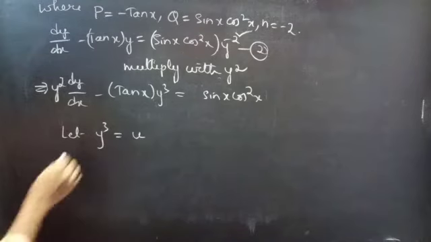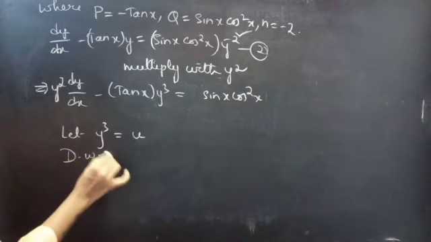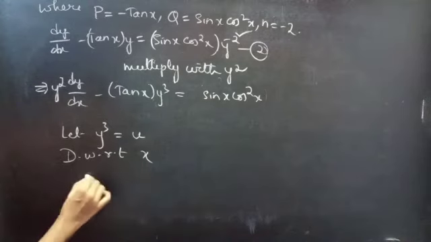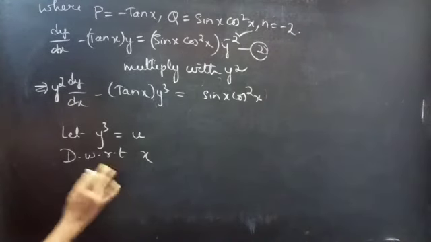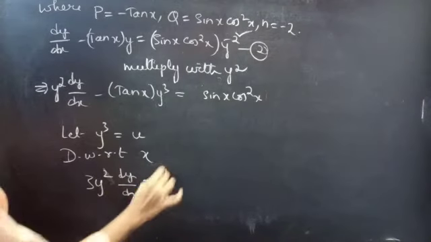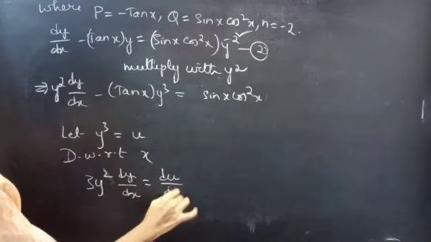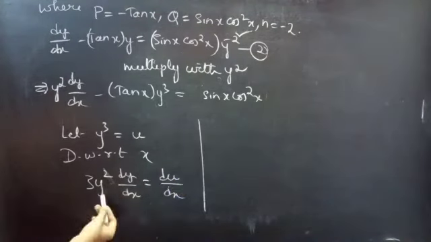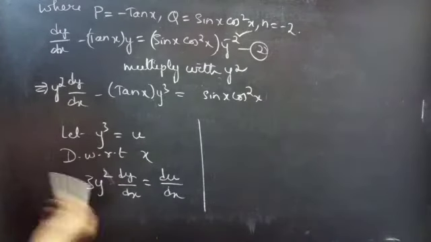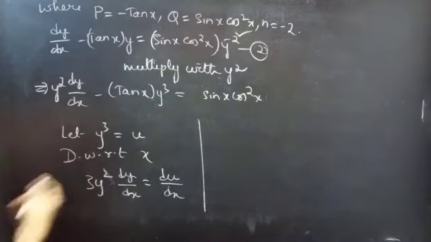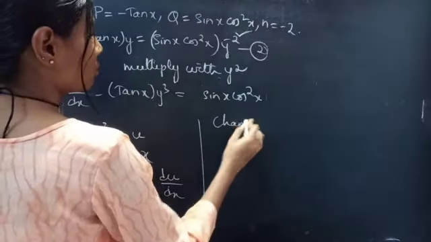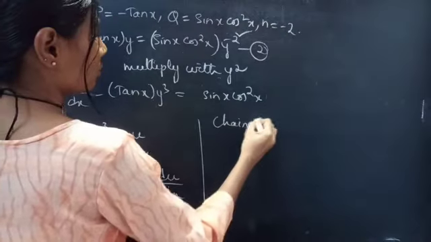Now we have to differentiate it with respect to x. 3y square into dy by dx equals du by dx. We can differentiate u with respect to x directly, or we can use the chain rule.